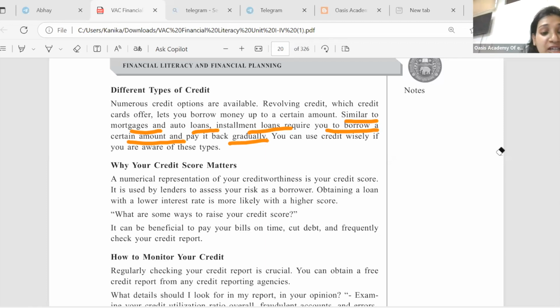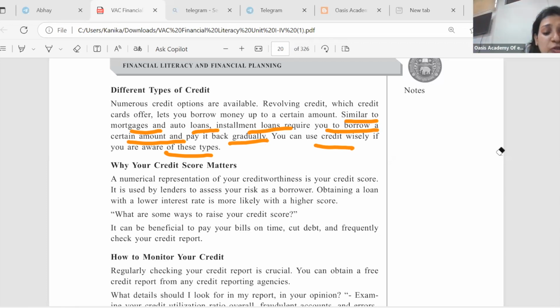You pay it back gradually. So you can use credit wisely if you're aware of these types. Suppose you have taken a loan and now you have to pay back the loan. You can't pay it immediately. You have to pay in installments. So you're paying the amount gradually on credit.